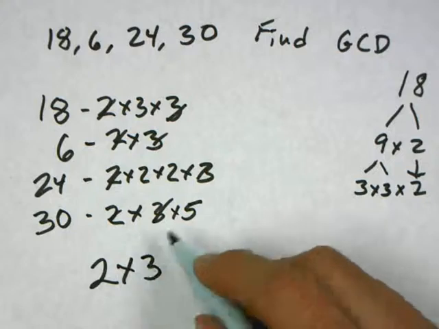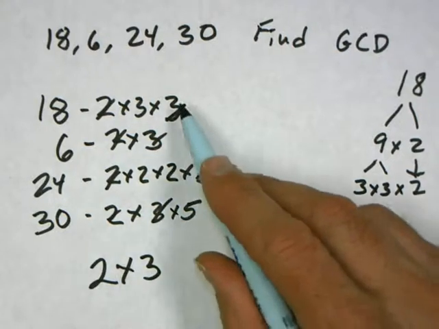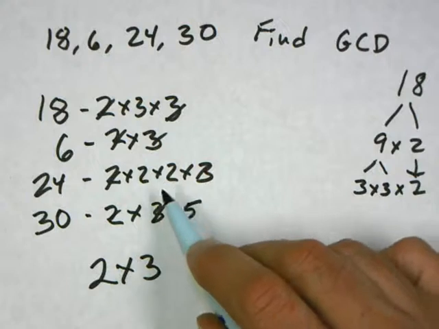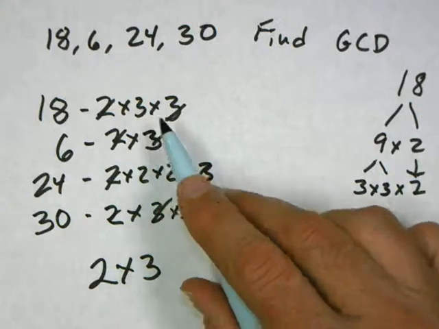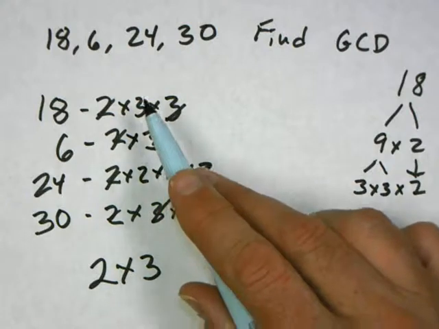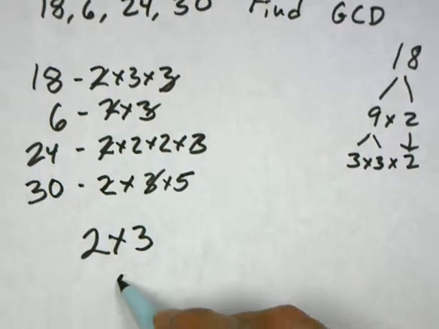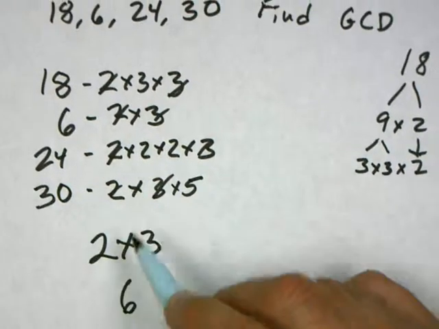Now 5 doesn't have any corresponding 5's in any of the others, and neither does this 3. There would have to be a 3 in every other number. So 2 times 3 is 6.